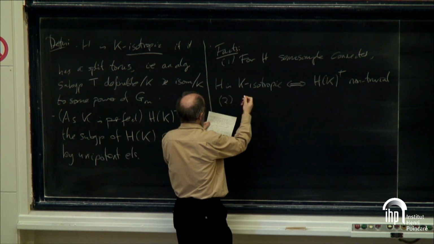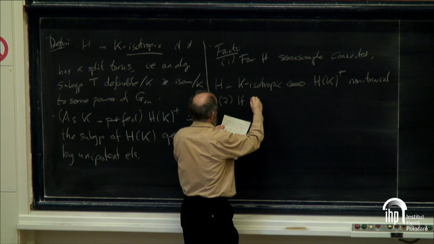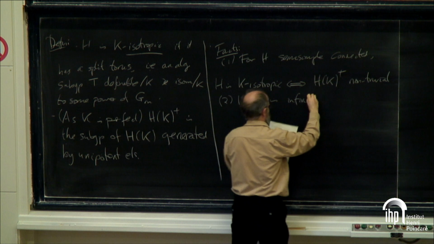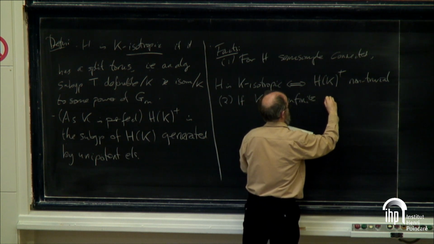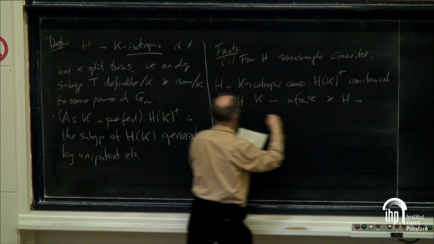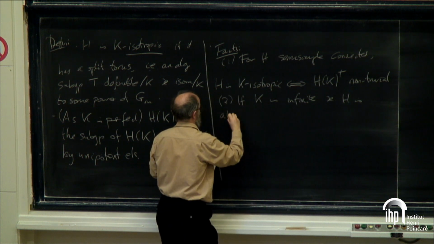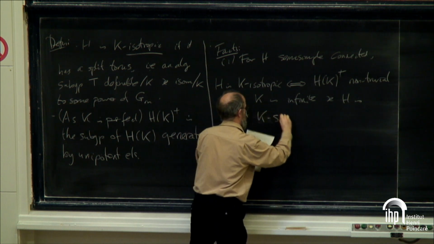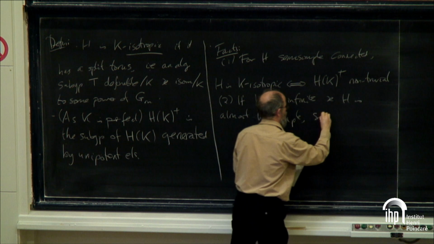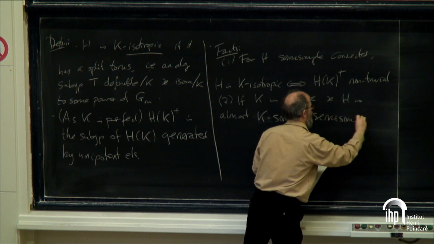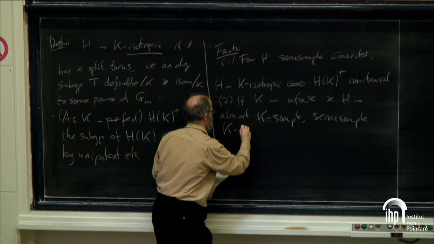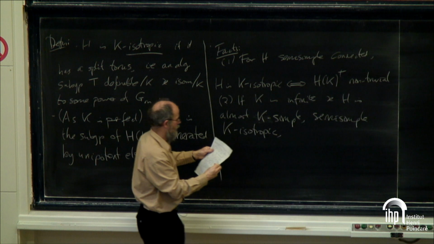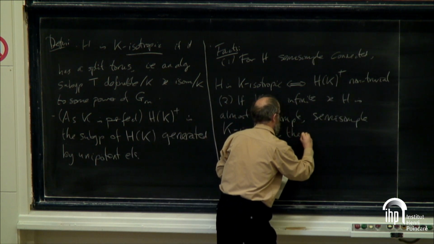And then if K is infinite, and H is almost K-simple, semi-simple, K-isotropic, so under the assumptions we have here, then H of K plus is something big.